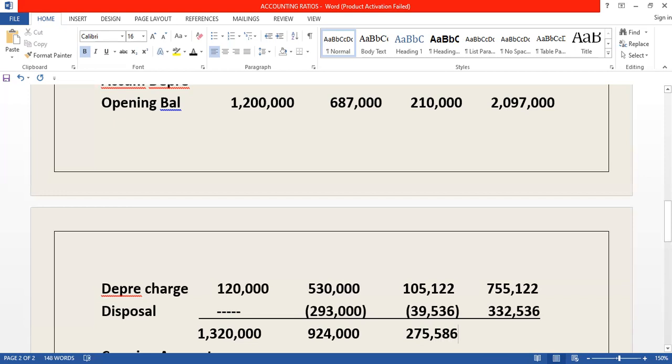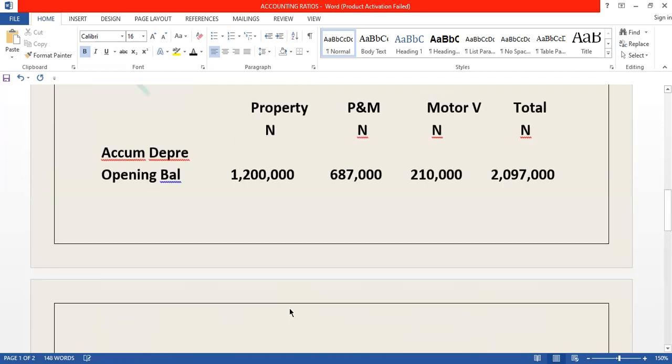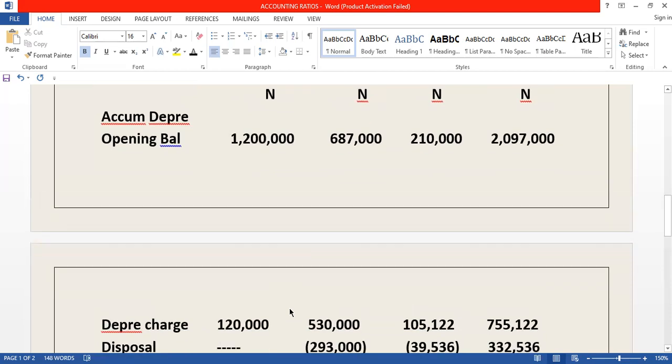So let's add the three together. What do we have? I hope you remove the disposal anyway. So what do we get? I'm adding them.